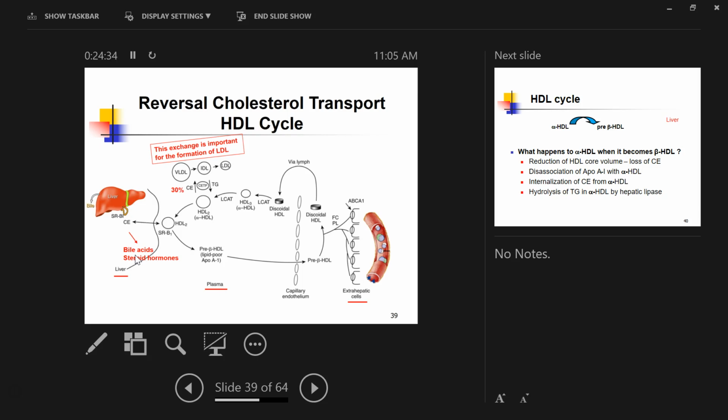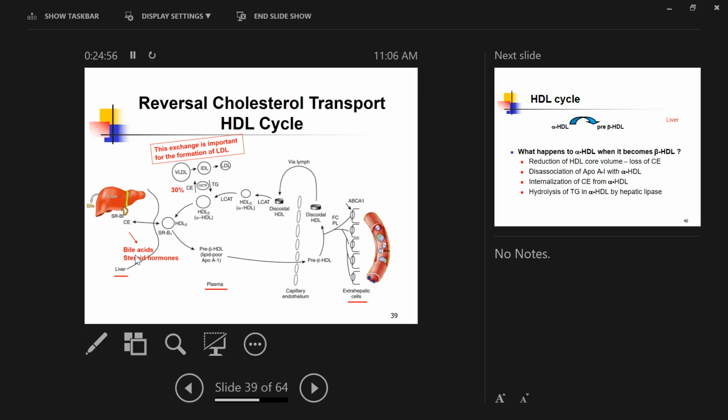And also something is happening between HDL and the other lipoproteins, a lipid exchange. So initially, alpha HDL mostly or only has cholesterol ester.